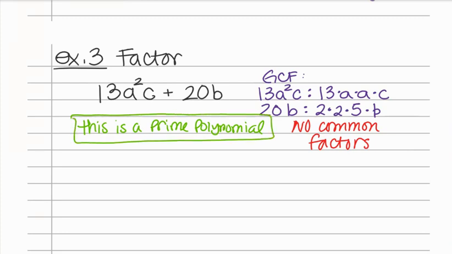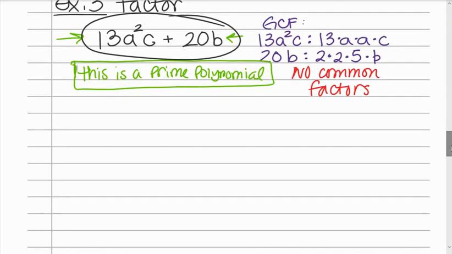So in this case, your answer is the original expression. There are no common factors besides 1. This is a prime polynomial. So if that's the case, this expression is your answer. Okay, let's look at another example.